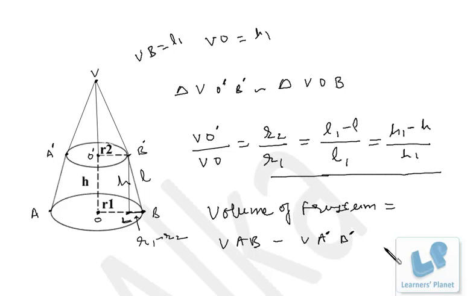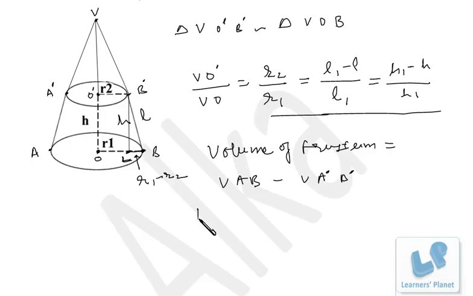Right? Now you must be knowing the volume of the cone, that is 1 upon 3 pi r square h. So I take common 1 upon 3 pi. For this VAB, r square will be r1 square and h will be the complete height VO, that is h1, minus here for this it is r2 square and the height will be this height, that is the total height minus this height, that is h1 minus h.